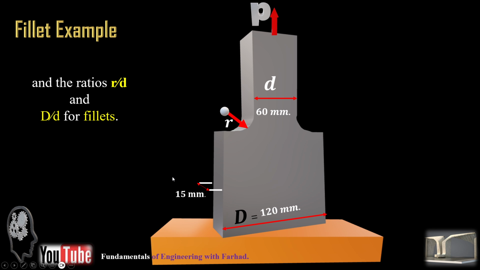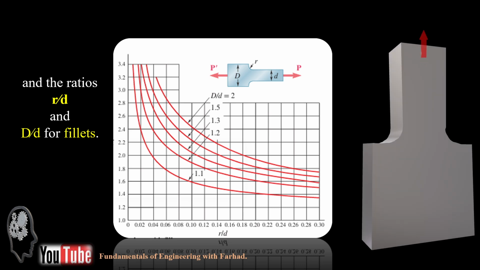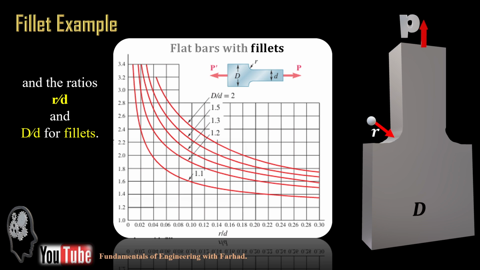Here, small r is the radius of the fillet, and d and capital D are the widths. So if you have a fillet flat bar with an axial load, you go to the graphs for flat bars with fillets, read the ratio r over d and then D over d, based on each of these graphs.